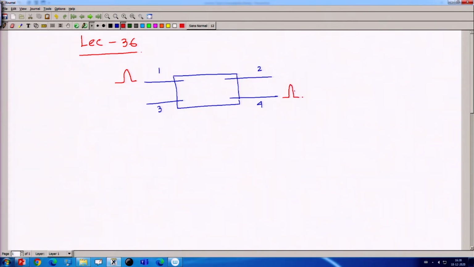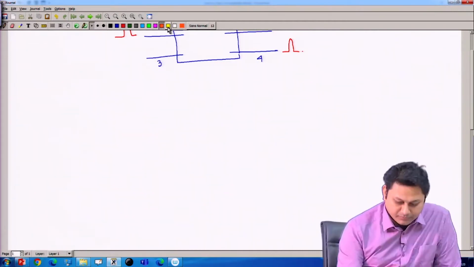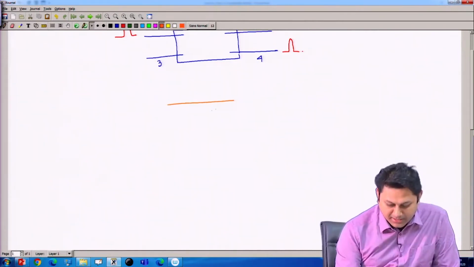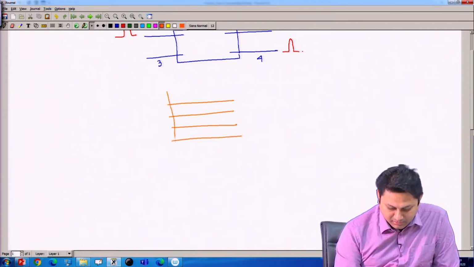So, that means there is a transfer of energy from one waveguide to another waveguide, which is placed very close to each other. So, let me draw a rough schematic diagram.